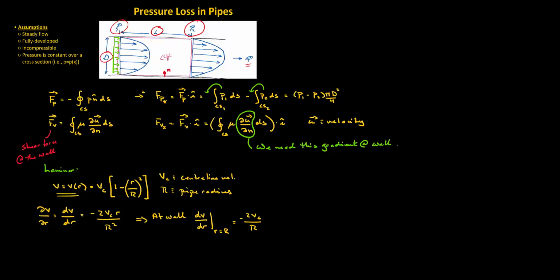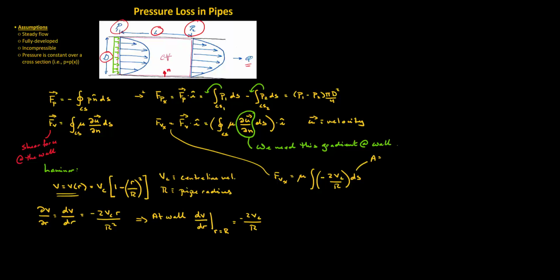Therefore, returning to our viscous shear force, we find that we have mu multiplied by minus 2 Vc over R, which is our velocity gradient at the wall, and then multiplied by the area on which it acts. Now the area on which it acts is the area of that pipe section.